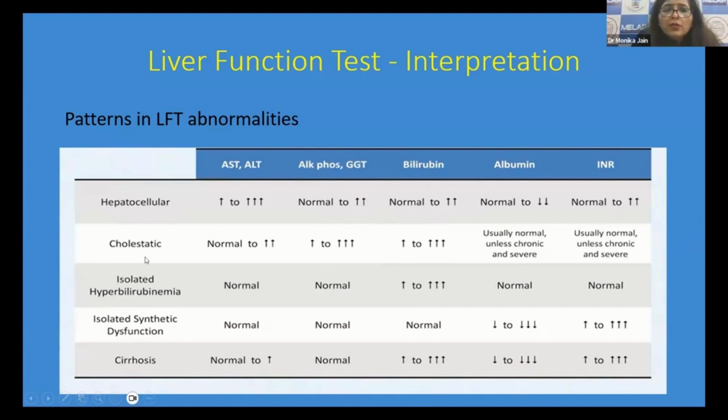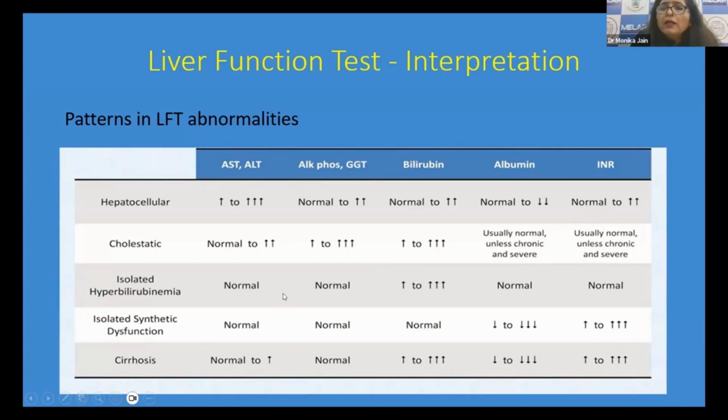Then coming to cholestatic injury, in this AST, ALT may be normal or raised, ALP or GGT will be markedly raised, bilirubin may be raised or markedly raised, albumin may be normal until the injury is so severe that albumin decreases. INR again may be normal unless the problem is chronic and the injury is severe.